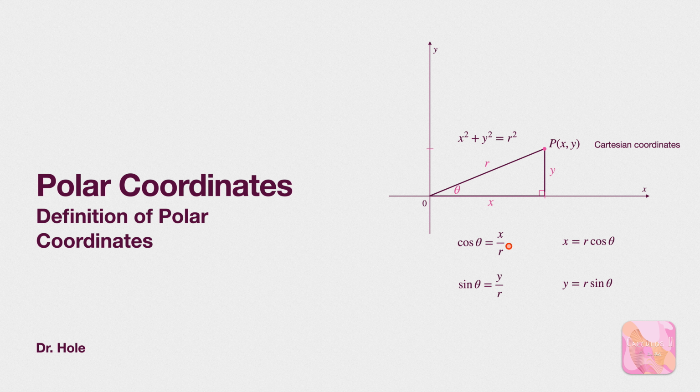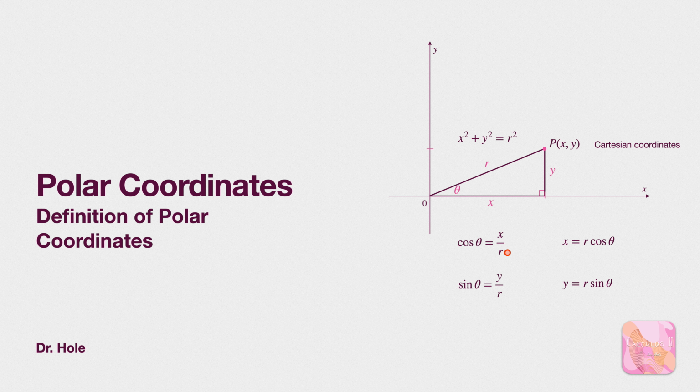Nice. Now, as we are trying to cook up a new coordinate system, the new coordinate system will have variables r and theta. Our coordinate system we understand has variables x and y. Looking at these definitions for sine and cosine, we have a mixture of rectangular x and polar r.